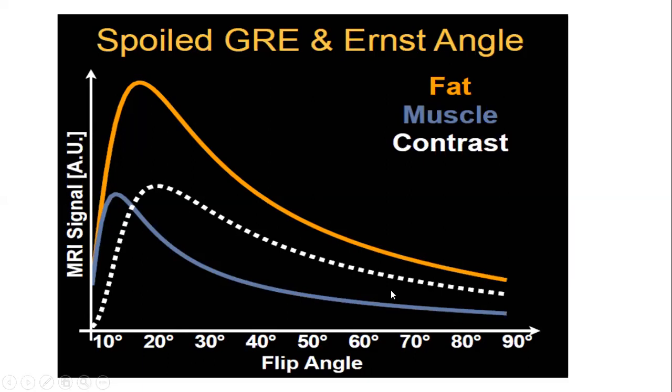So if we want to maximize contrast between the two tissues, we look at the area in which we are going to have the greatest contrast. Of course, this is the difference between the MRI signal of the one tissue and the muscle.